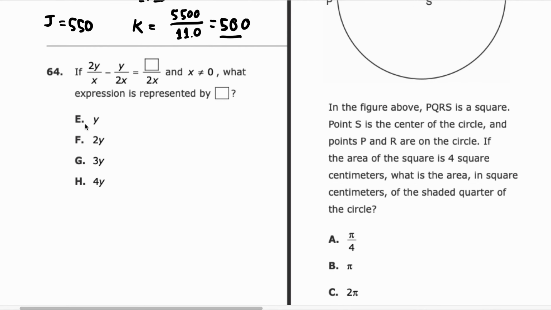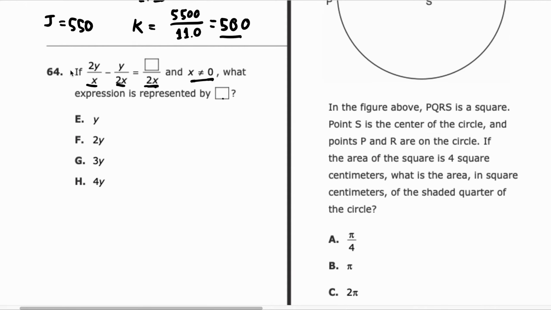Okay, now 64. So if 2y over x minus y over 2x is equal to blank over 2x, and we're told that x is not equal to 0, then what expression is represented by this blank? Okay, so it looks like in order to subtract this fraction and this fraction, we need a common denominator of 2x.